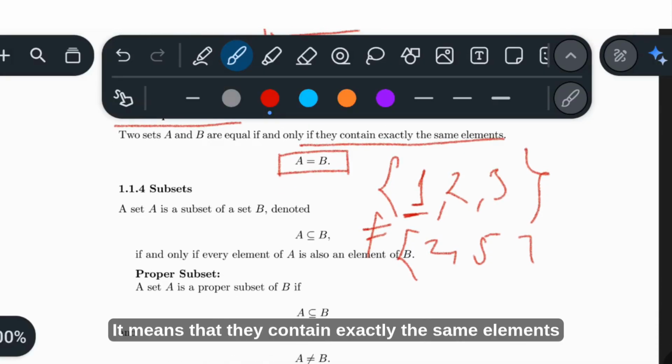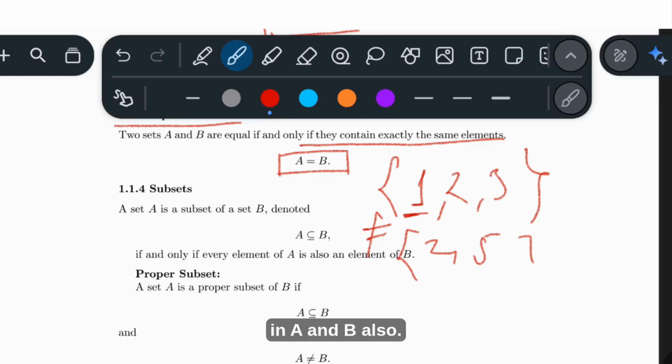If they are equal, it means they contain exactly the same elements in A and B.